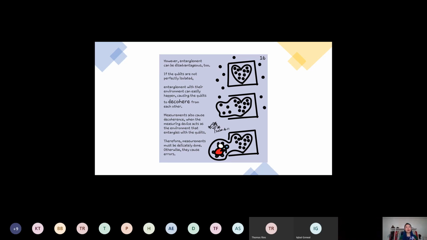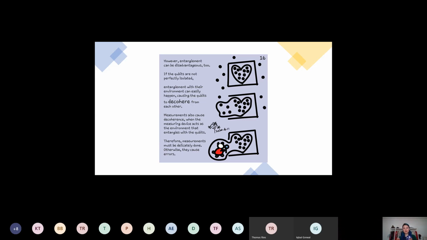So entanglement can be very useful for us, but it can also mess things up, because all of the systems that we're looking at depend on this intricate interaction between very, very tiny fundamental quantum particles. You have to be very careful, because anything you introduce to your system can interfere with it, and it can entangle with your system.